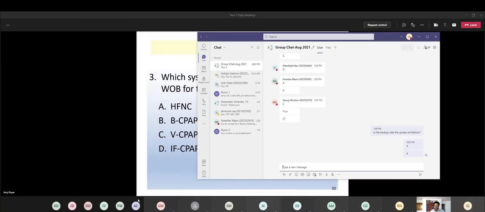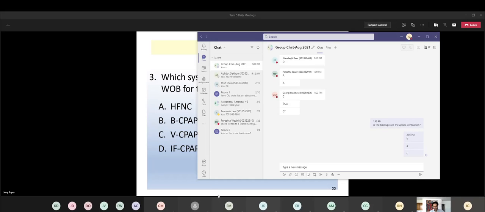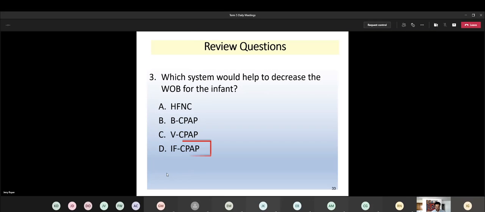And which one of these systems would not require a lot of work for the baby? It's the infant flow CPAP system.